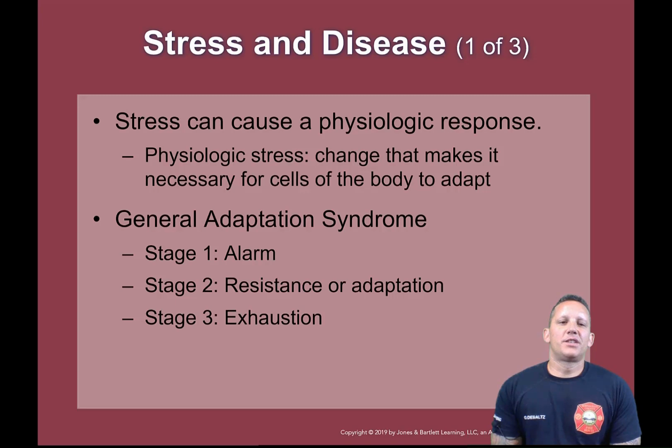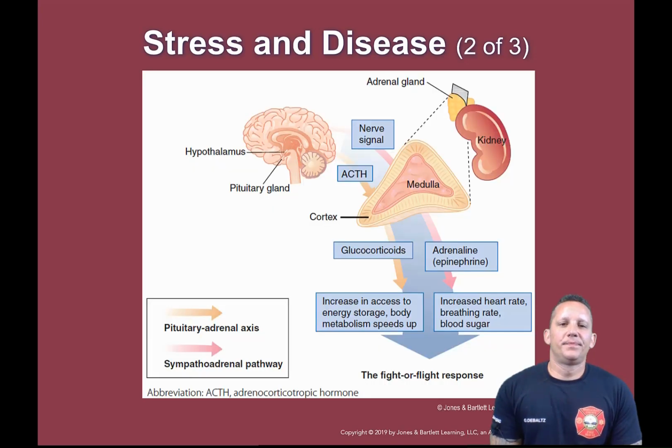Stress can cause a physiologic response. Physiologic stress allows the body to make a change that makes it necessary for the cells or the body to adapt. The general adaptation syndrome is alarm, resistance, and then exhaustion. Think about this in an adrenal issue.